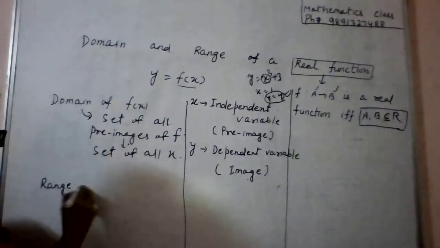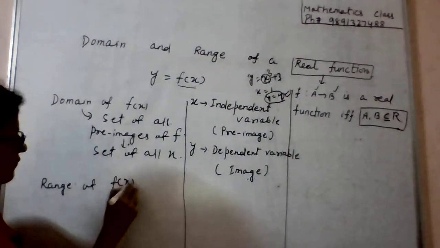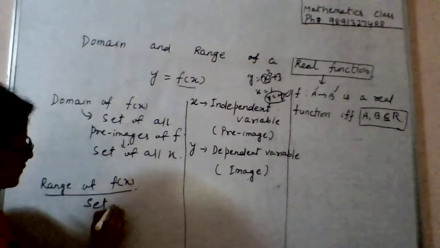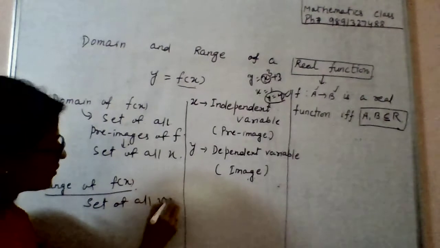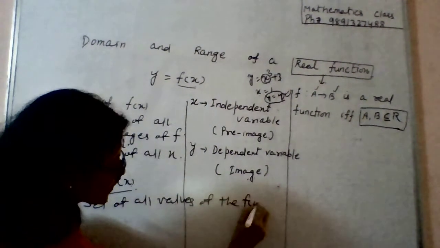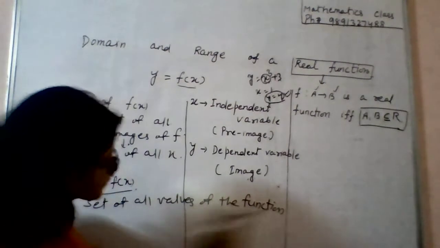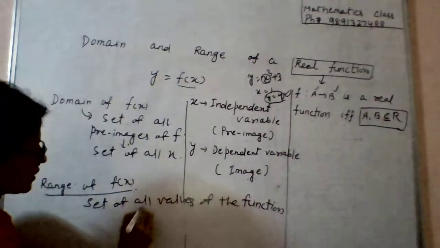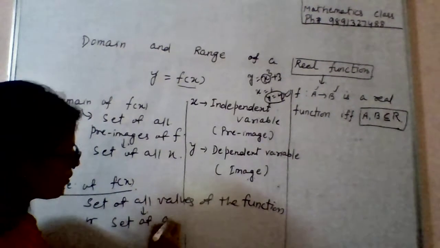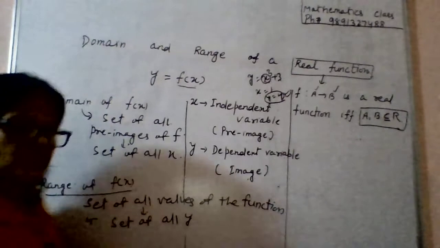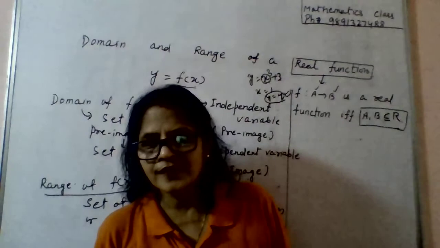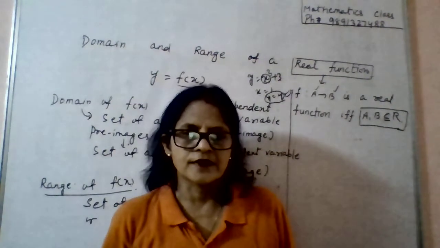Now coming to the range of the function f(x), it is the set of all values of the function. It means you can say it is the set of all y, or the set of all images, or the set of all dependent variables.